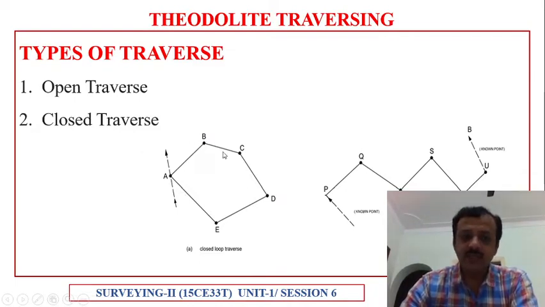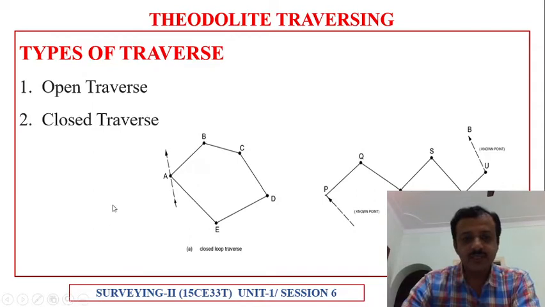So A, B, C, D, E, F, and back to A. This is the starting point of the traverse, and we end the traverse at the same point. The starting point and the end point are one and the same. Hence, we call this a closed traverse or closed loop traverse.